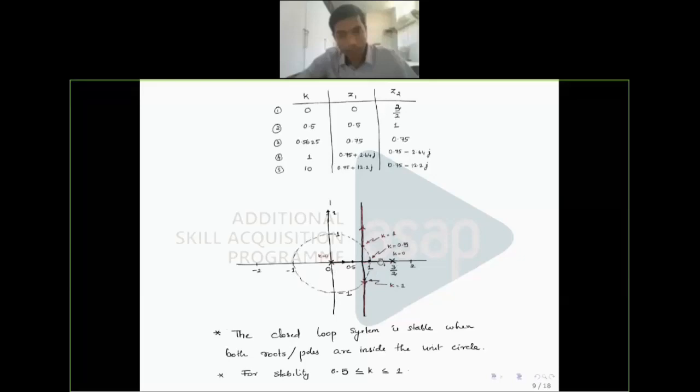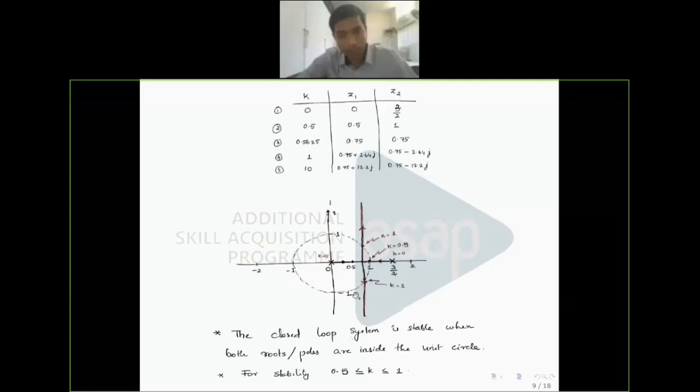But when you increase the value of K, at K equal to 0.5, both the poles are inside the unit circle, and hence it is stable. When you further increase K, it is also inside the unit circle. And when K is equal to 1, it reaches the boundary of the unit circle again. When you increase beyond 1, it goes outside the unit circle.